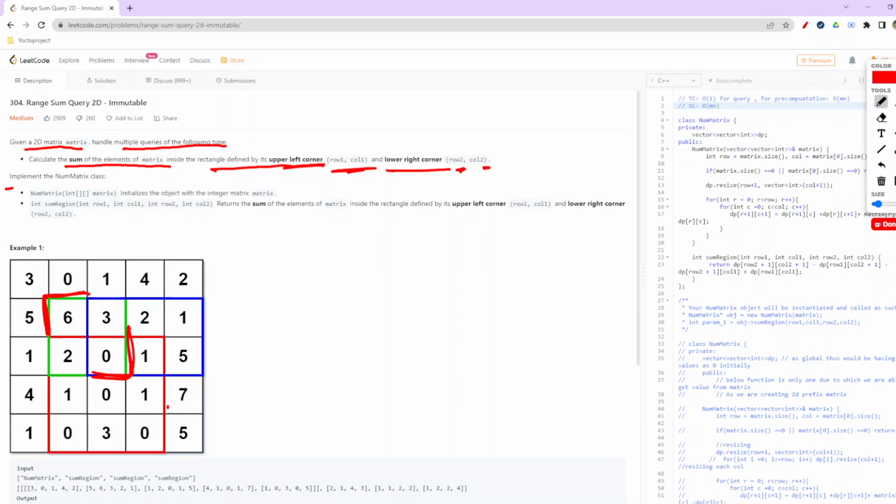We are given this NumMatrix class in which we have two functions. NumMatrix is basically a constructor, and then the function sumRegion.